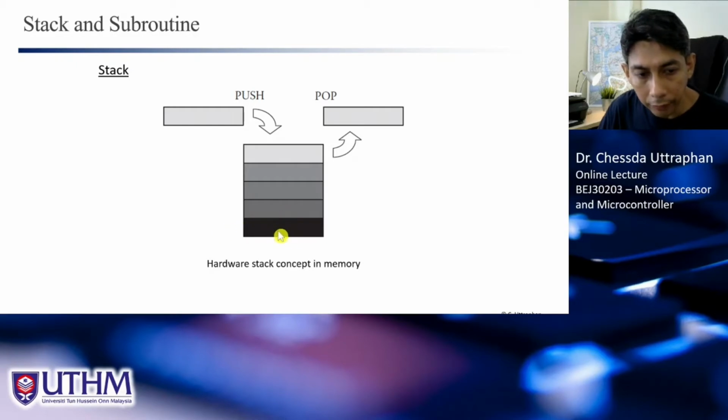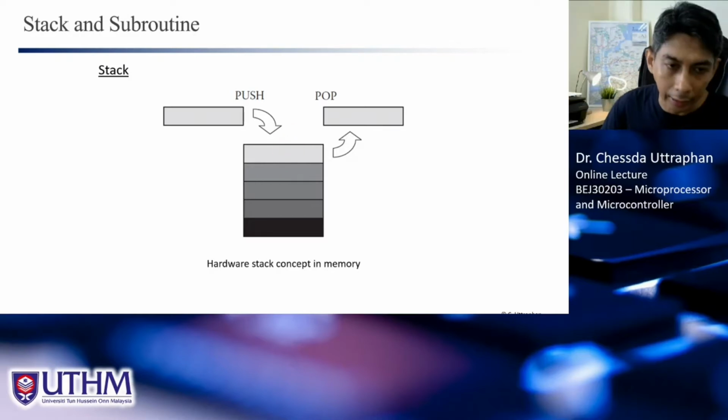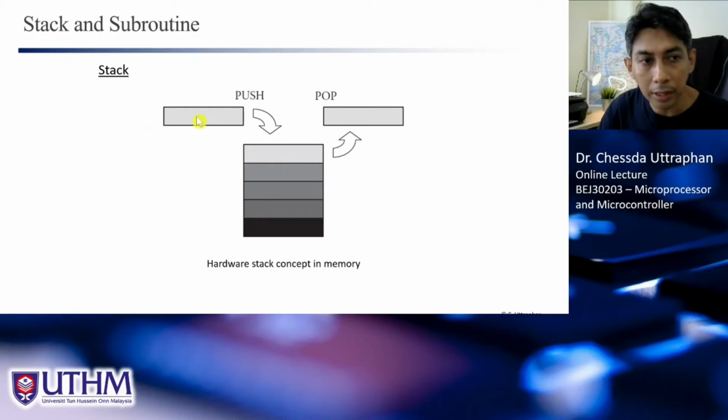So for example, this is the first data, and you push again, the second data will be here, the third data will be here, and the fourth and so on. So it is stored in the stack like that. That is why it is called a stack. And when we want to get the data back from the memory, the process is called pop.